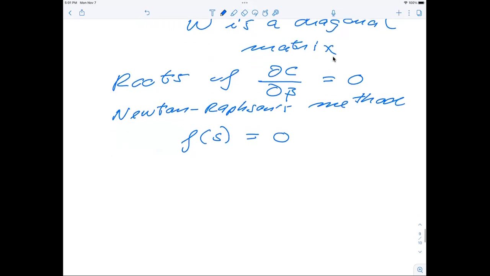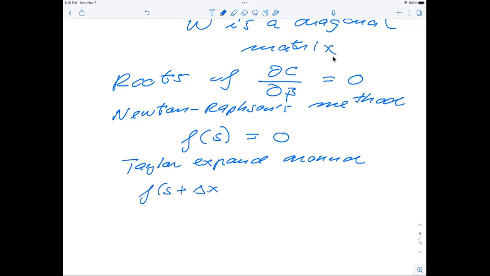The way you would typically do that is to make a Taylor expansion around s or x plus some parameter. So you Taylor expand around f of s plus some delta x here.